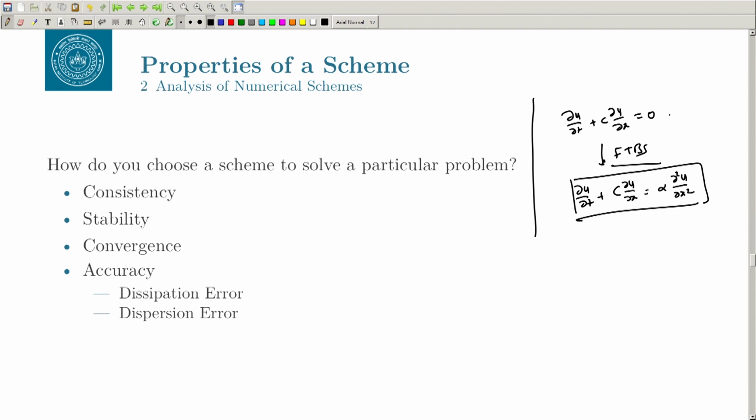So, you wanted to solve a convection equation, but you are actually solving a convection diffusion equation. This term alpha, which I believe was something like c delta t by 2 times 1 minus c delta t by delta x, comes purely from the numerics, and this is called the numerical diffusion.